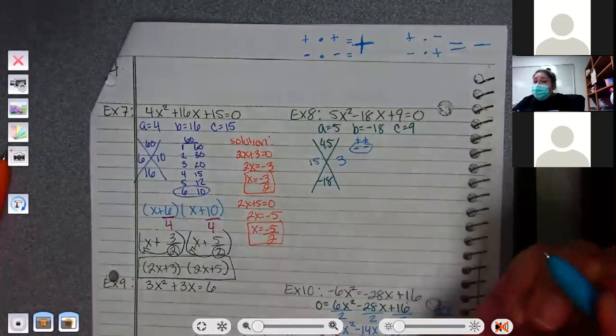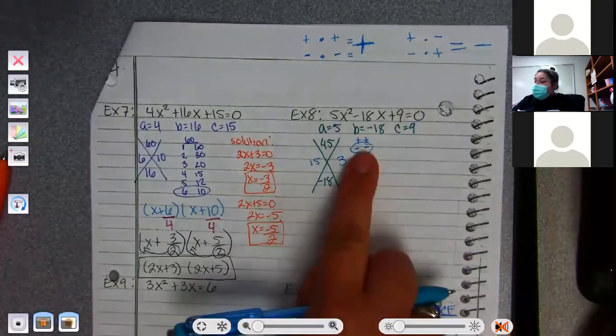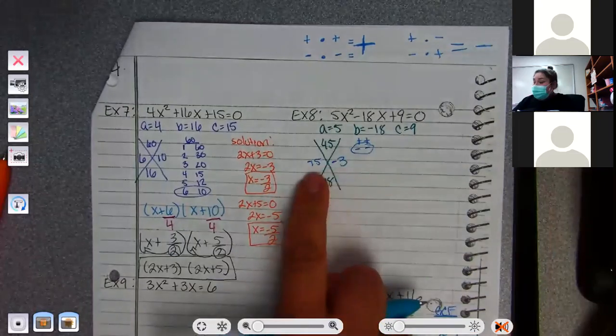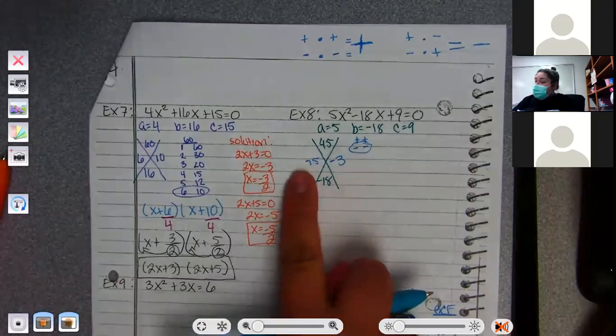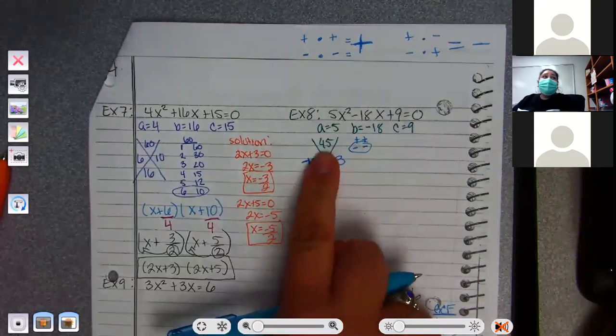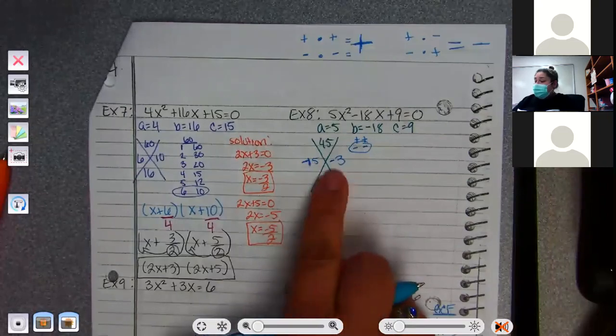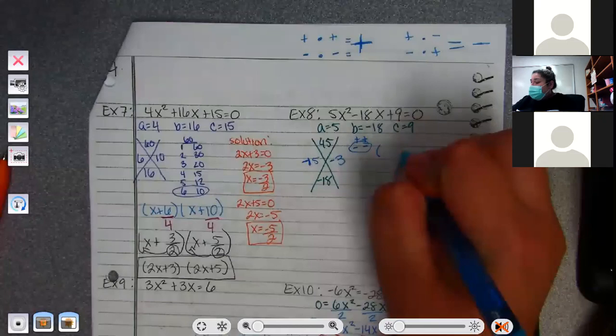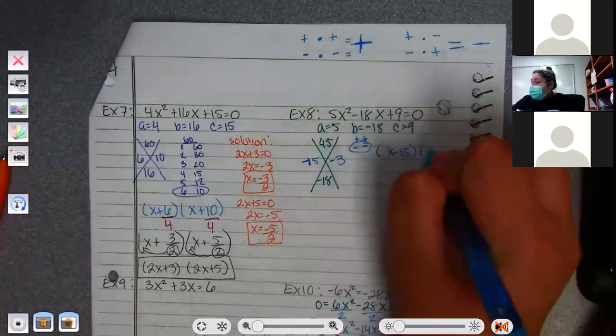That is correct, but they had to be negative. Some of you used the positives of that, okay? So negative 3 times negative 15 is positive 45, and negative 15 plus negative 3 is negative 18. Now we can put it in factor form, so x minus 15 and x minus 3.